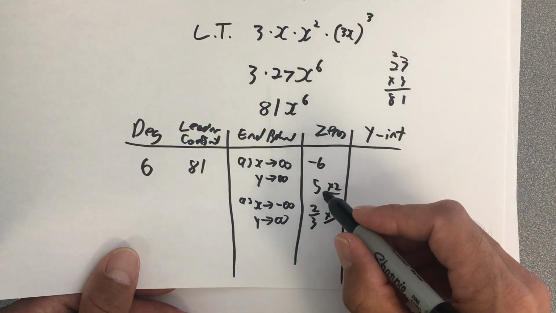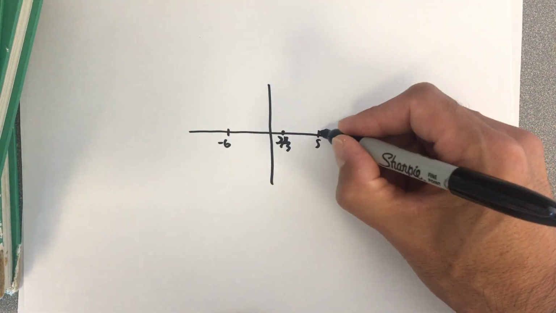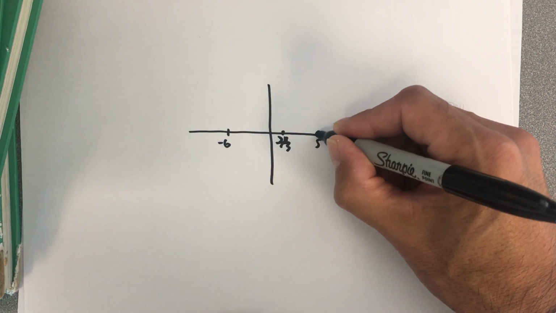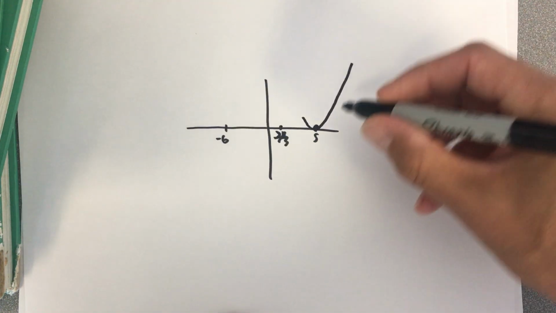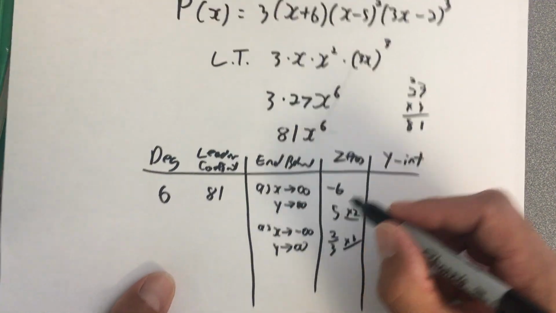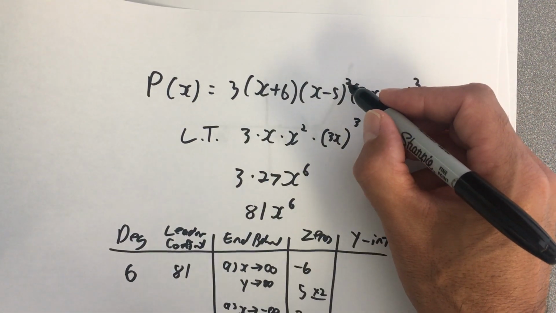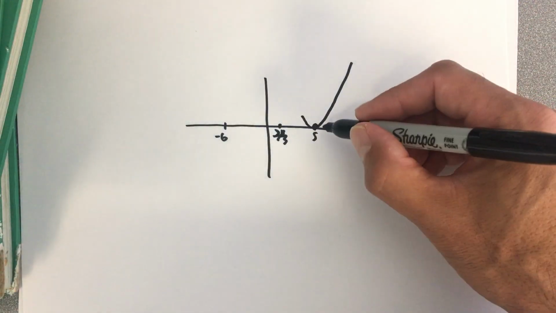However, the one at 5 is a double 0, which means it's going to bounce here. You see, if you have a double 0, if the order of that 0 is a 2 or a 4 or anything even, it's going to bounce.